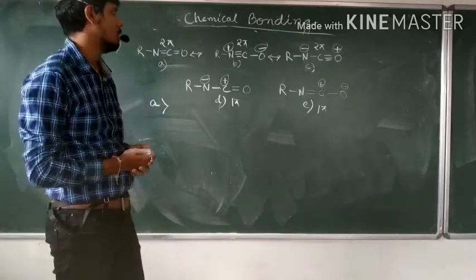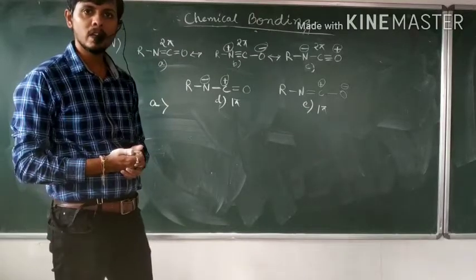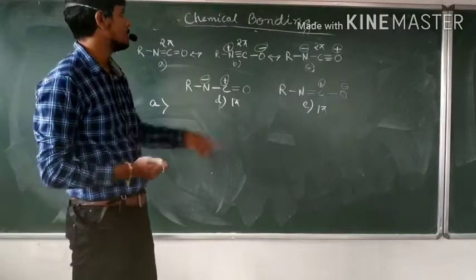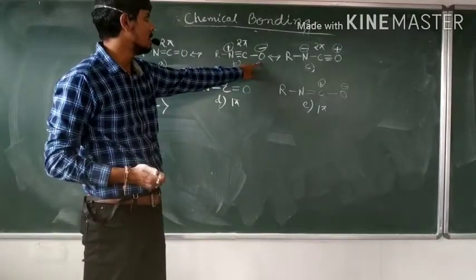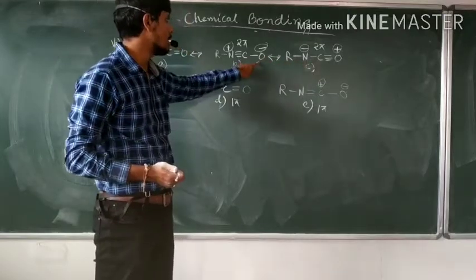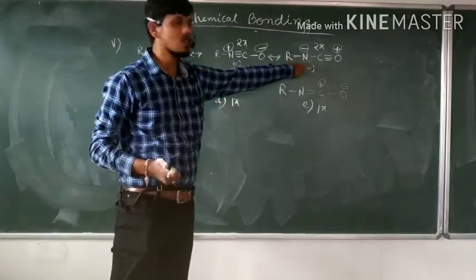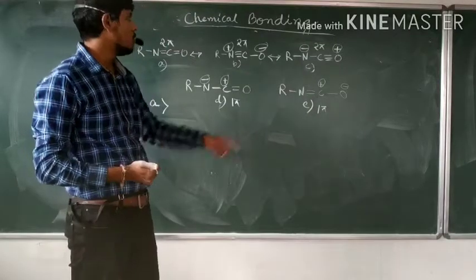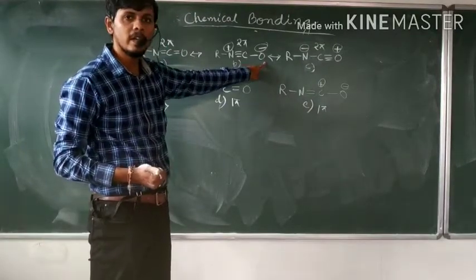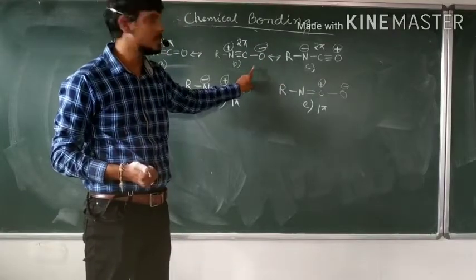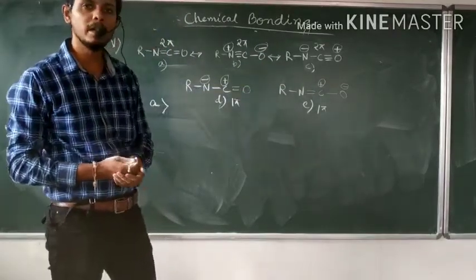Here I have a negative charge on oxygen, here a negative charge on nitrogen. Oxygen is more electronegative than nitrogen, so B will be more stable than C.